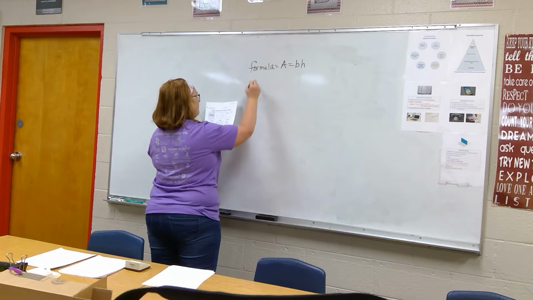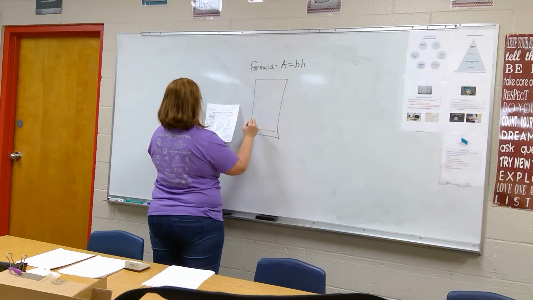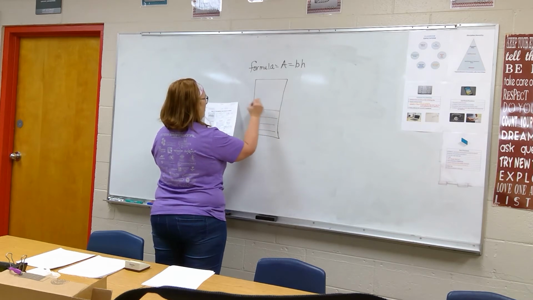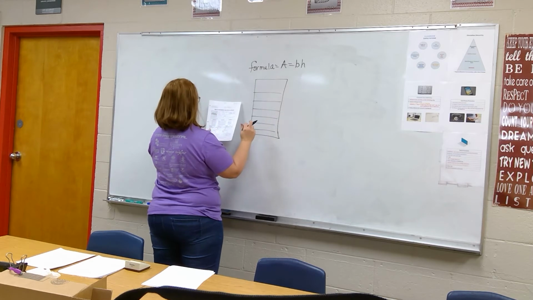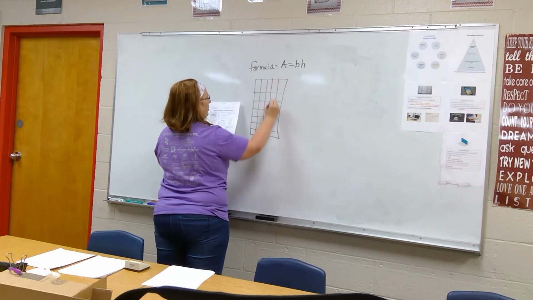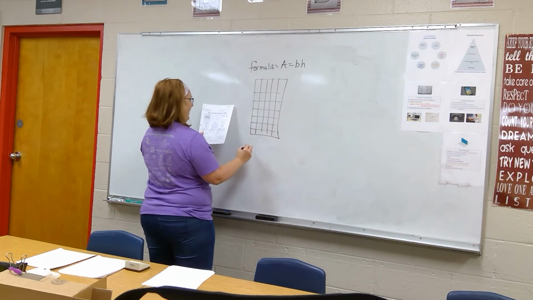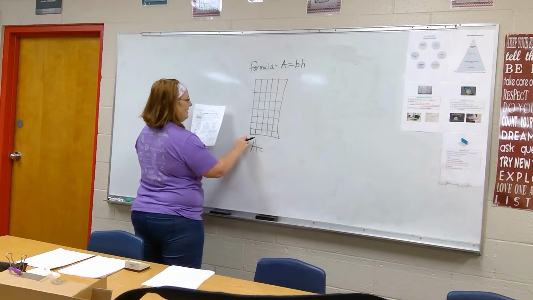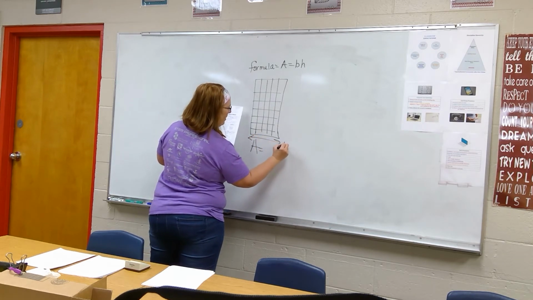So on my first one, I have a rectangle. It goes down 5, you know my drawings are horrible. So if I count across, I have area equals, this is my base, right here. Base is at the bottom.